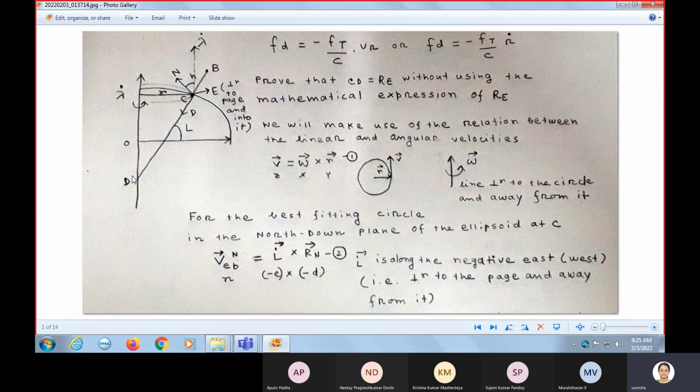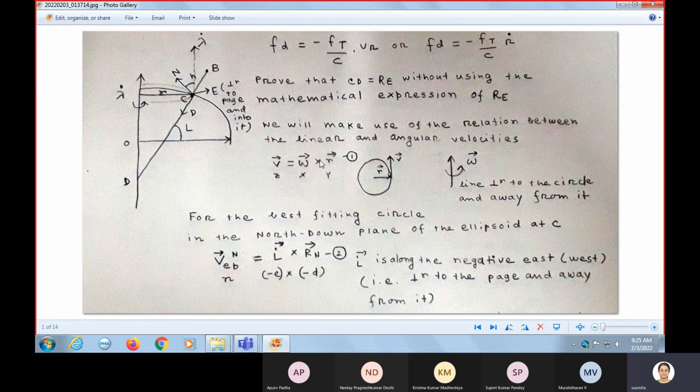That CD is equal to RD. Ignore this thing; this is from the previous problem. Here we need to prove that CD is equal to RD without using the mathematical expression of RD, and it's quite simple. We need to make use of the relation between linear velocity and angular velocity.